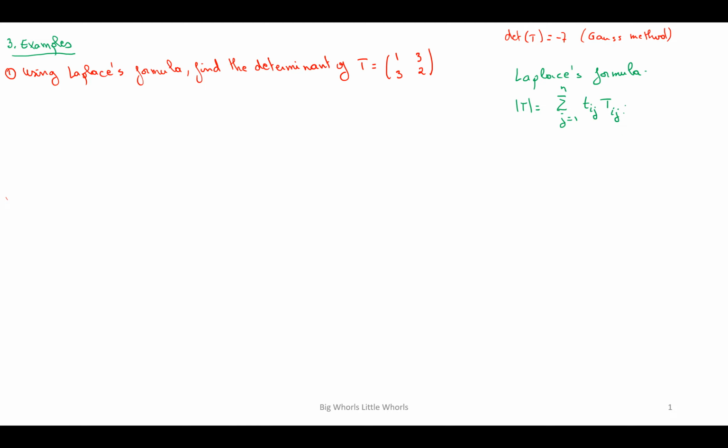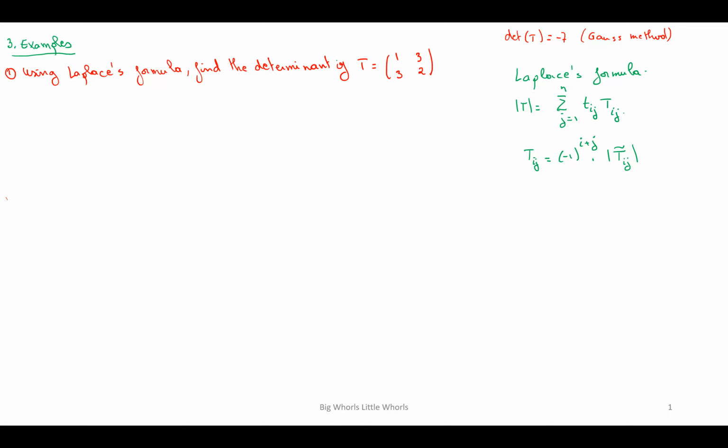And the cofactor ij is equal to -1 to the power of i plus j multiplied by the determinant of the minor. The minor is the matrix we get after deleting the i-th row and j-th column.